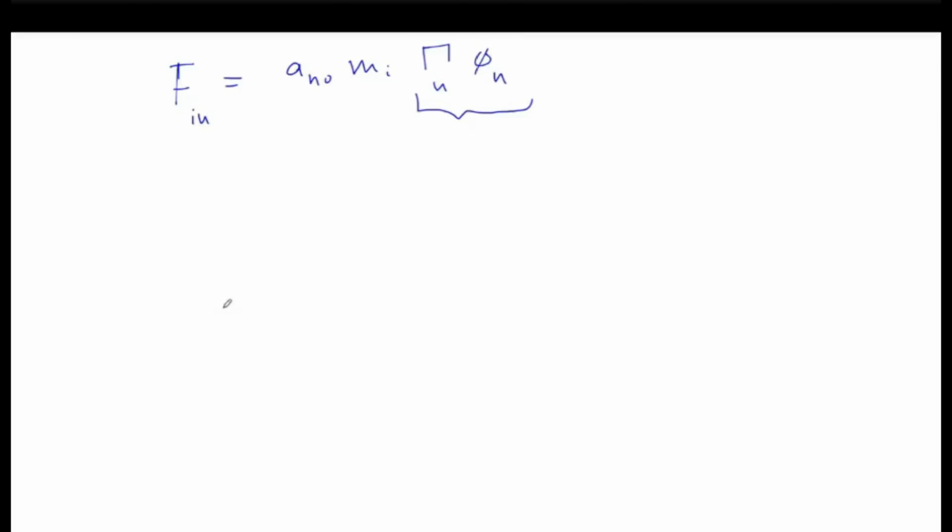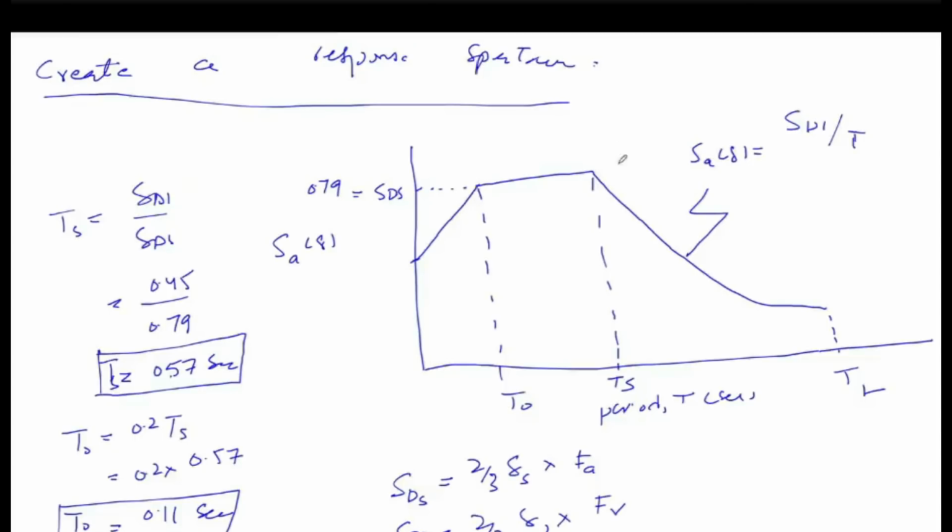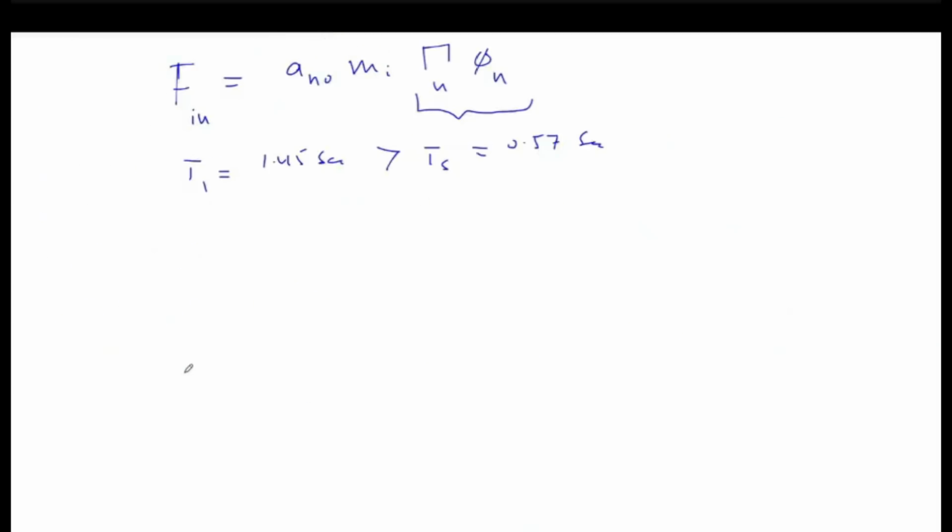Okay, so if you look at mode 1, in case of mode 1, the vibration period was 1.45 seconds, which is more than the TS, equal to 0.57 seconds, which is the corner period of the response spectrum. So T1 is greater than the TS of the design spectrum.